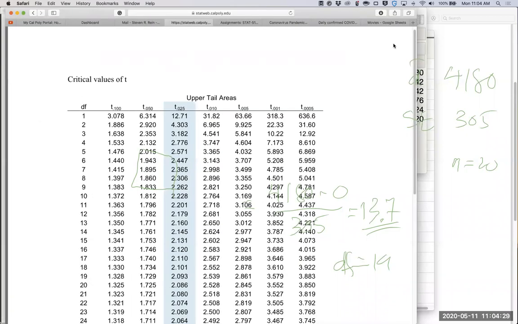Again, 19 degrees of freedom, somewhere in there. But I'm noticing it's even further to the right of even that largest value, 3.883. So my upper tail area must be less than 0.0005, the p-value.